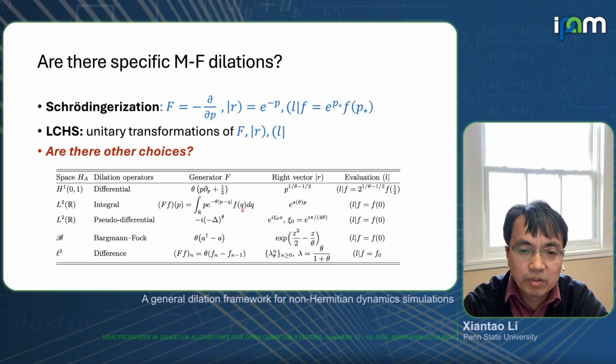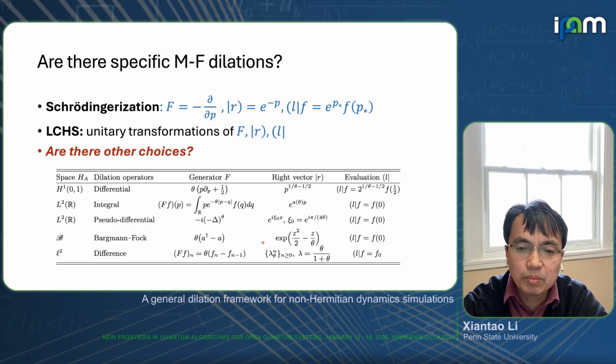Now, there are also integral operators, like this Laplacian kernel, or pseudo-differential operators. I don't know if these will ever be useful. On the other hand, for the last two exact dilation schemes, for the difference operator, you can imagine implementing this on digital quantum computers, or the one based on the Bargmann-Fock operator, you can think about using this on analog or quantum optics-based quantum platforms.